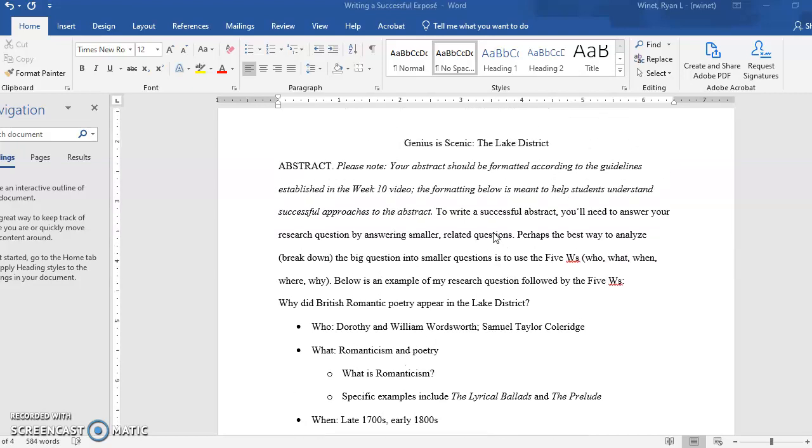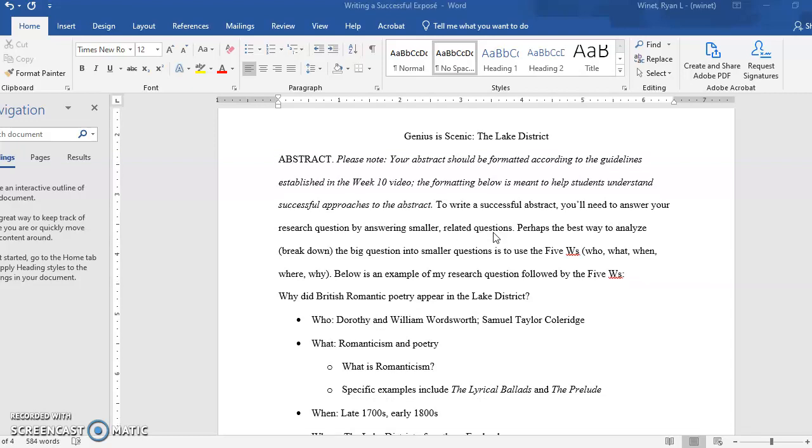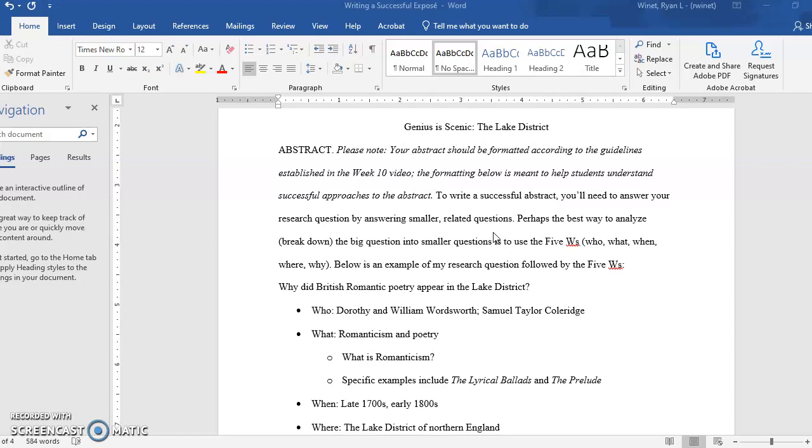For purposes of a successful abstract, you want to provide the reader, which is of course me, with enough information that I am able to follow your line of thinking, your argument, and that basically requires you to provide me with basic information. To write a successful abstract, you'll need to answer your research question by answering smaller related questions.